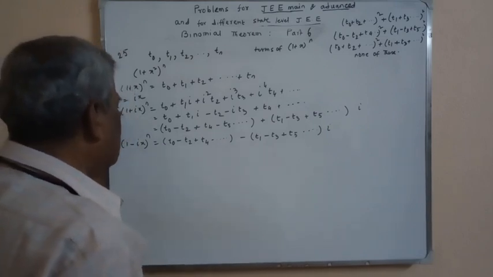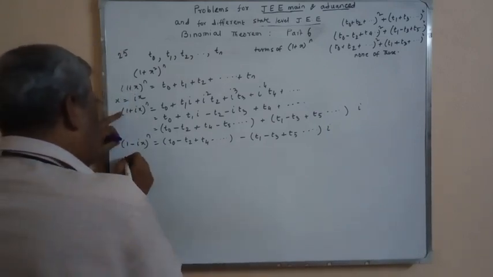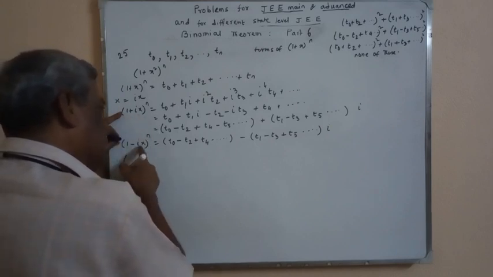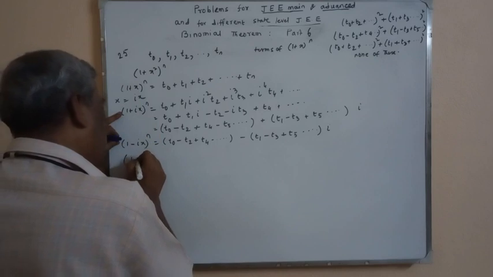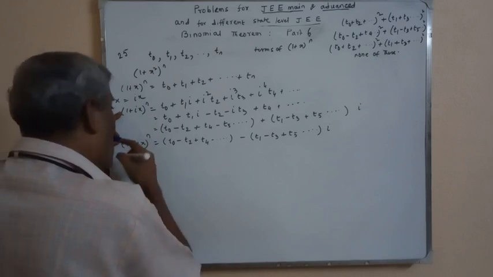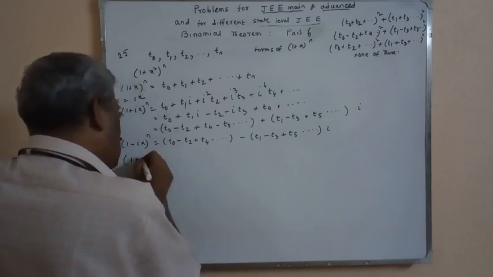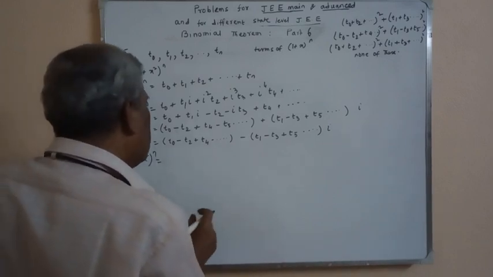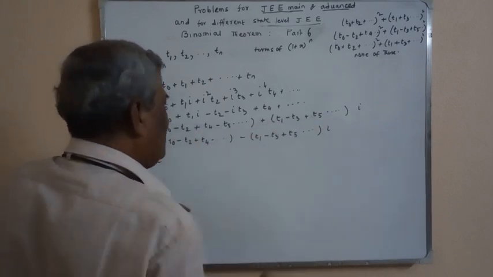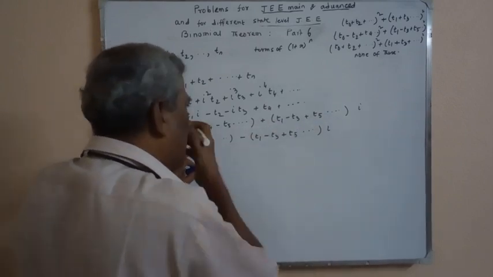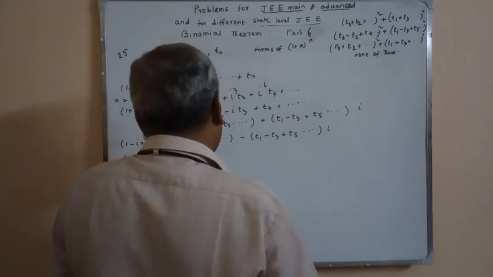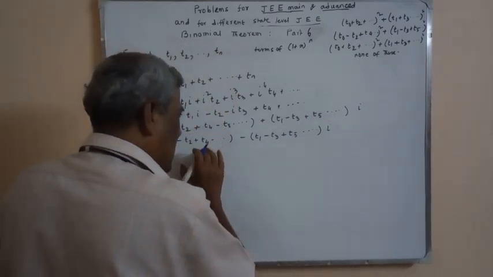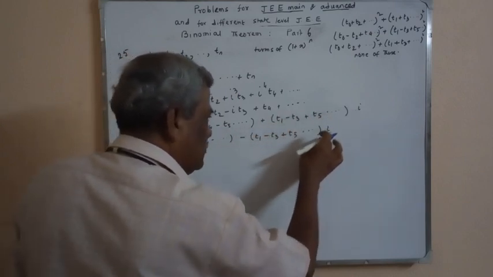Now multiply this with that, it will be equal to (1 plus ix) into (1 minus ix) whole to the power n. That is (1 minus i square x square), so (1 plus x square) to the power n. It must be equal to this into that. This is equal to that, and this is equal to that. So once again, it is of the type this into that minus this into that.